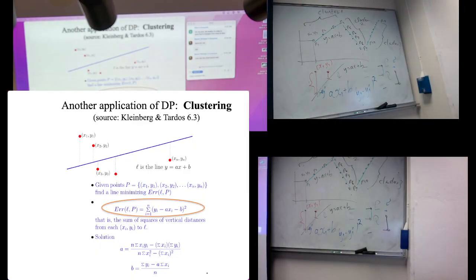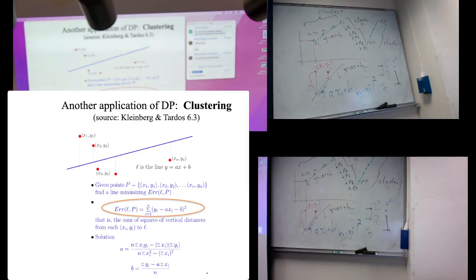It means that far away points get much more weight. Sum up this number, and now find the line that minimizes this number. Find the line that minimizes this number, and if you know how to compute the differential, to compute the derivative, it's very easy. You take the derivative.